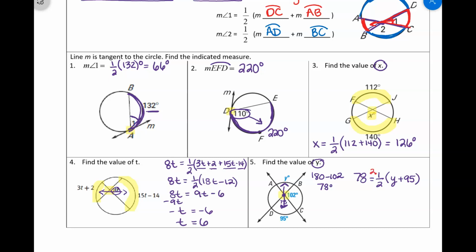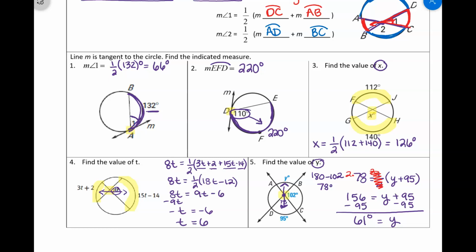I'm going to multiply both sides by 2 and get rid of that fraction, which will make life a little bit easier. So 2 times 78 is 156, and that equals y plus 95. Simply subtract 95 from the other side, and we get 61 degrees equals y.